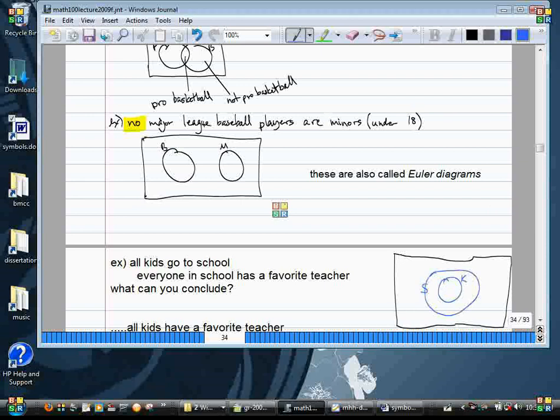Absolutely. Now, everyone in school has a favorite teacher. How do we draw that? I draw a circle for favorite teacher, and how do I draw that? Because we want everyone who's in the S circle to also be in the favorite teacher circle. Because that's what we're saying. Anyone who's in school has a favorite teacher.